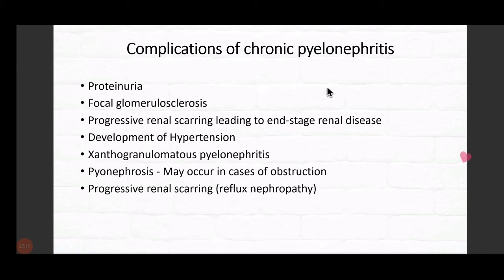Development of renal hypertension, it could be a xanthogranulomatous pyelonephritis. And if there is concomitant obstruction, that is, repeated scarring has resulted in a stricture or stenosis at the ureteropelvic junction, or there is a coexisting stone, there can be pyonephrosis. And progressive renal scarring happens because of the reflux nephropathy.